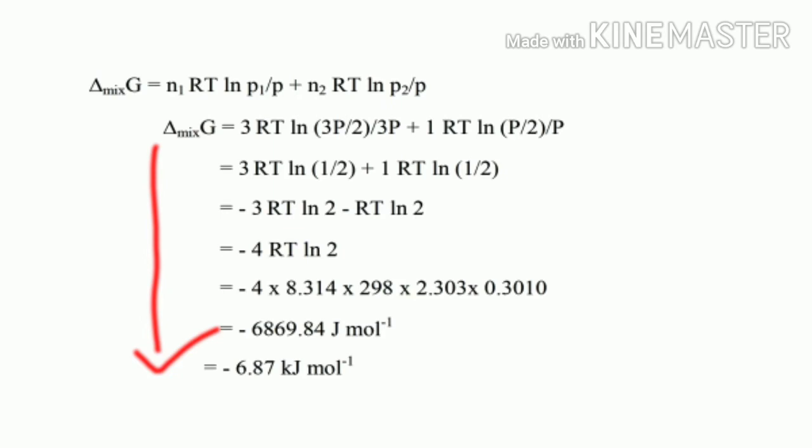On simplifying, it gives ΔG mix equal to minus 6869.84 joule per mole, and when we convert it into kilojoule, it becomes ΔG mix equal to minus 6.87 kilojoule per mole. So this is the value of the free energy of mixing of nitrogen and hydrogen gas, and it is negative, which means that the nitrogen and hydrogen gases mix spontaneously.